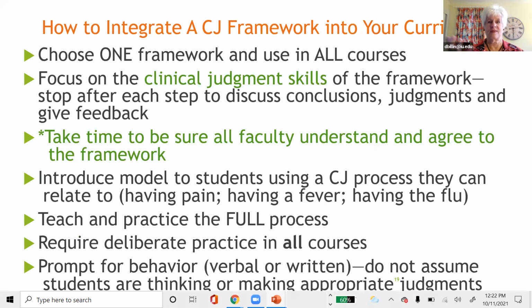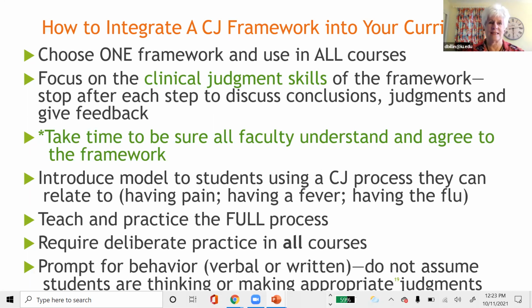Let's now think about how we would integrate all this into the curriculum. What is it going to take to get the students to this point where they can be more or less automatically thinking about how to make clinical judgments? Now this falls back on us, our nursing education planning and our teaching-learning process.